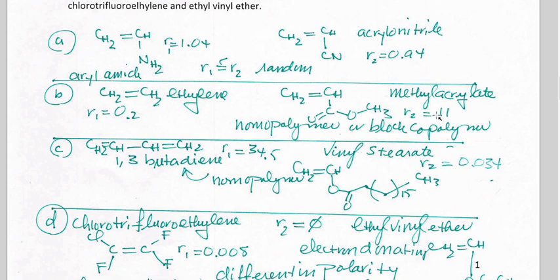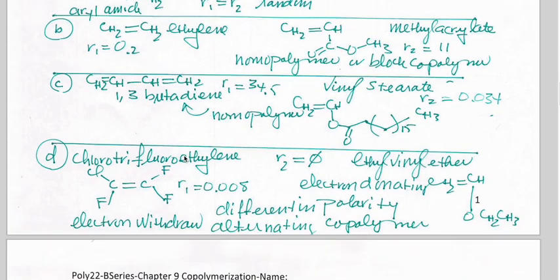So if you put these two together, you're only really going to have a homopolymer of methyl acrylate, because the reactivity is really high for it and this is very low. So we can say for sure that there's a big difference between the two.